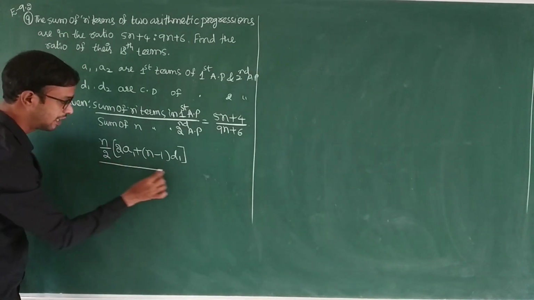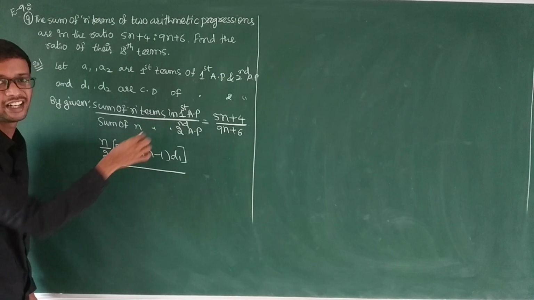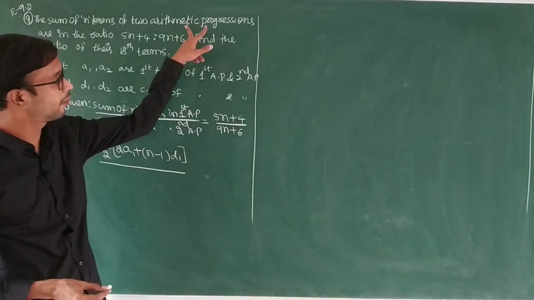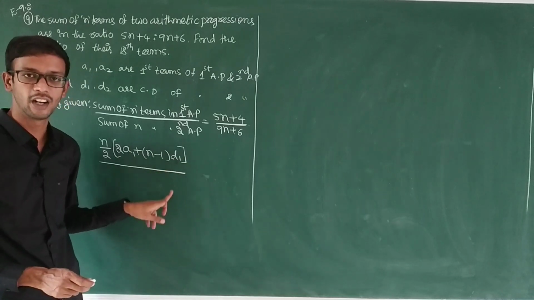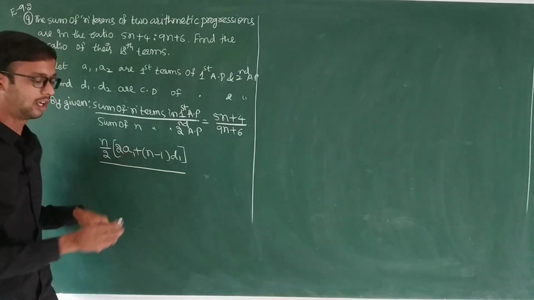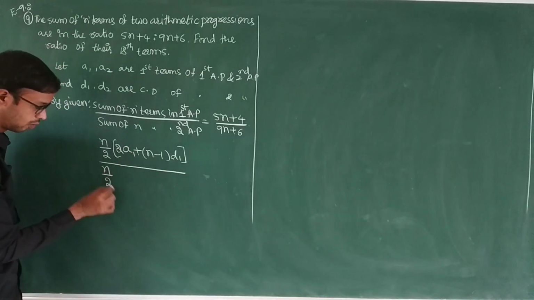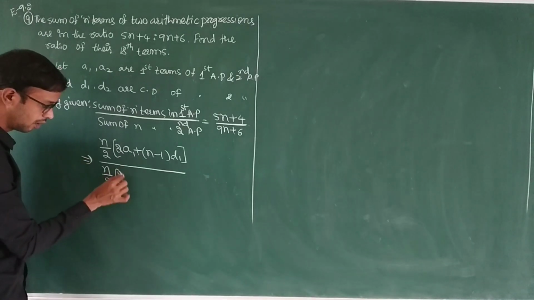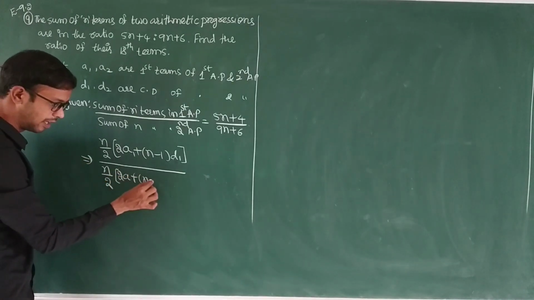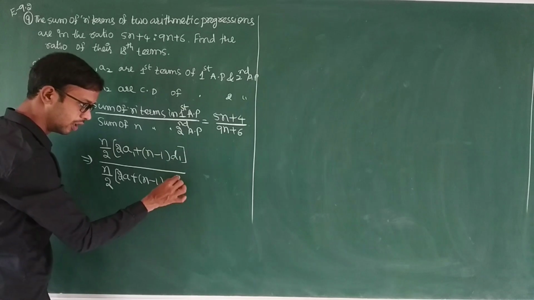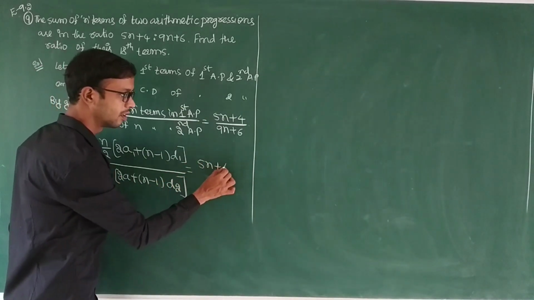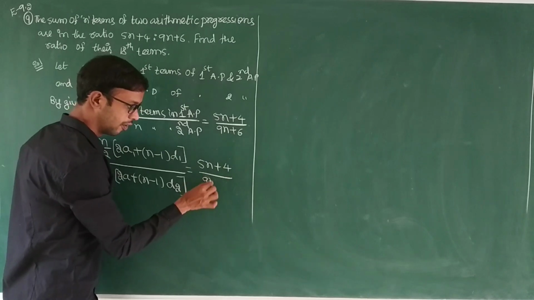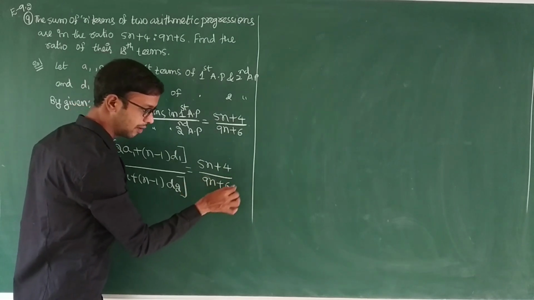Here also I write n by 2, and the n by 2 gets cancelled. Here there are two different arithmetic progressions, so that is why D1, D2, A1, A2. So n by 2 into 2a2 plus n minus 1 into D2 is equal to 5n plus 4 by 9n plus 6.